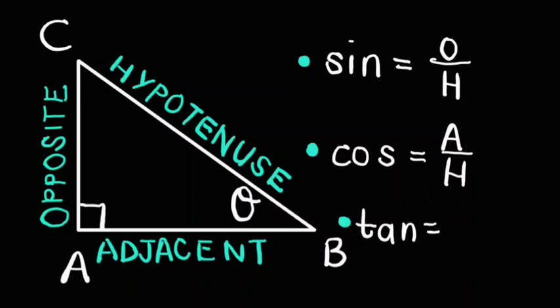The third trig ratio is called tan. In terms of theta, tan is always opposite over adjacent. So sine is opposite over hypotenuse, cos adjacent over hypotenuse, and tan opposite over adjacent.